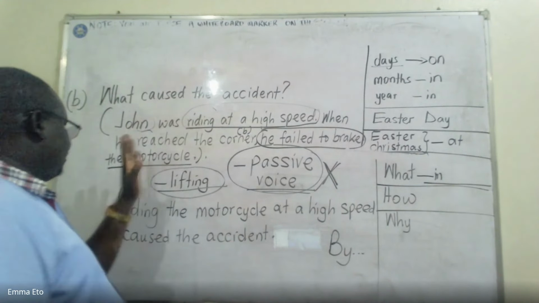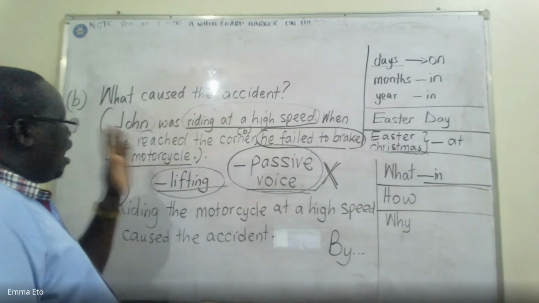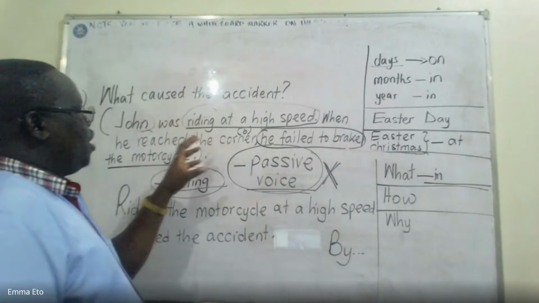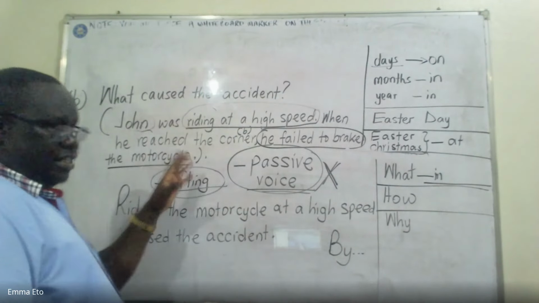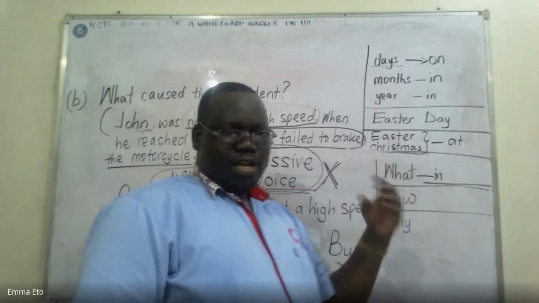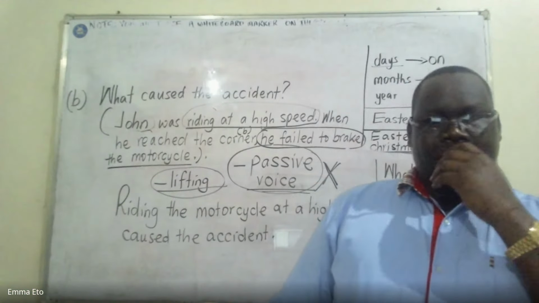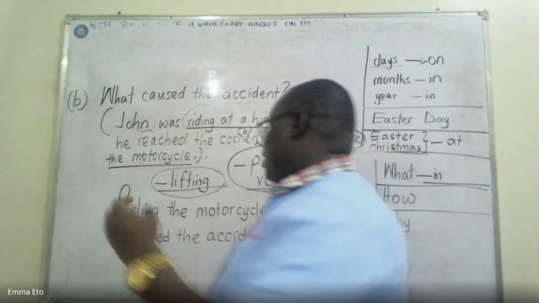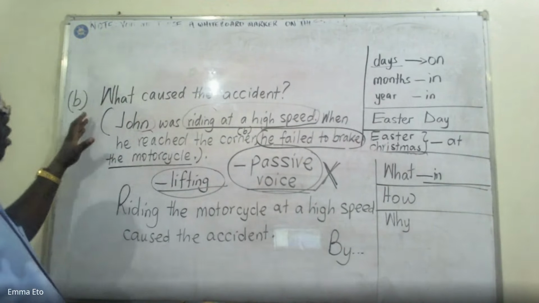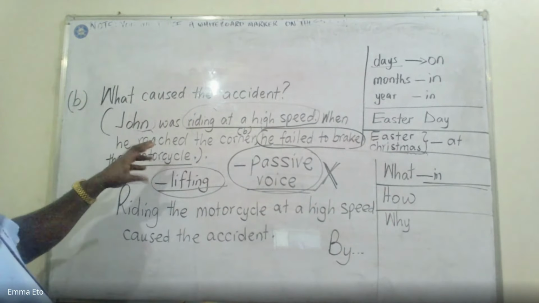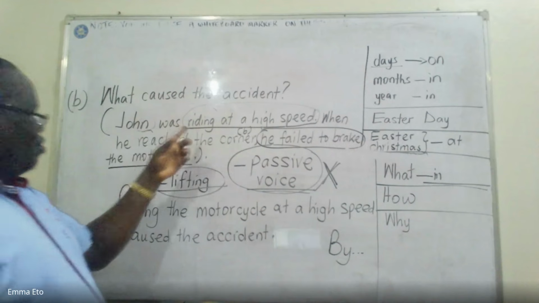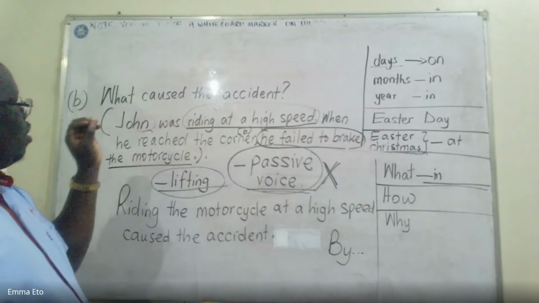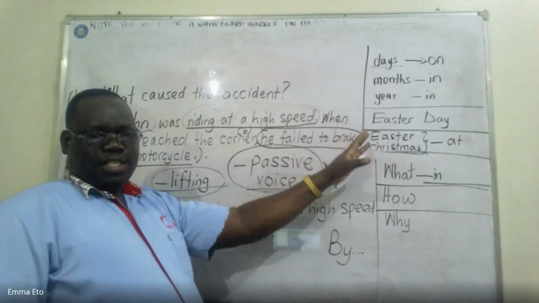John rode the motorcycle at a high speed. The idea alone answers the question of how. However, the children can also go the long way. John got the accident by riding the motorcycle at a high speed.